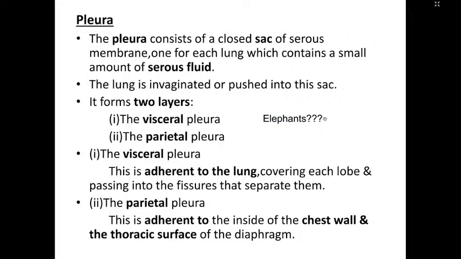So only after your pleura has more than 250 ml of pleural fluid, then you might be able to percuss a little bit of dullness, and that is if you do it very nicely. Otherwise, more than 500 ml, it becomes percussible.